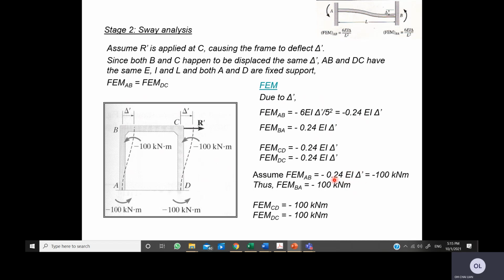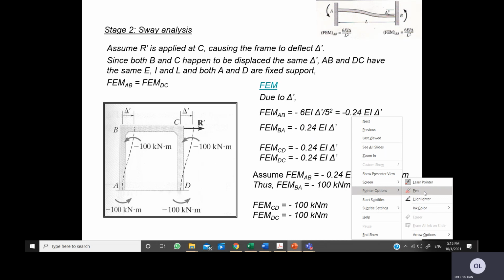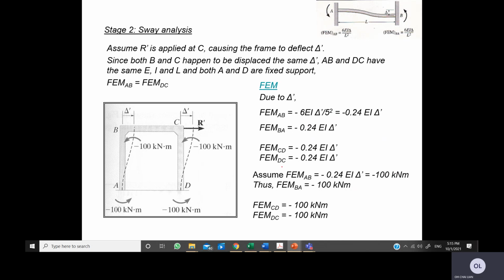But instead of EI delta prime, in this case, they are actually assuming the whole thing, 0.24 EI delta prime, as negative 100 kilonewton meter. But if there are so many different ratios here, I would advise you to take EI delta prime as 100 kilonewton meter, let's say.